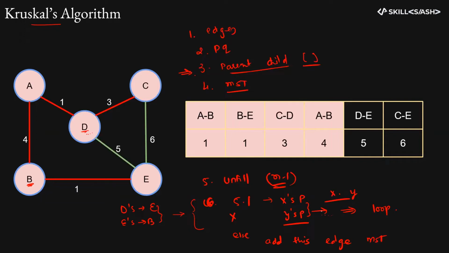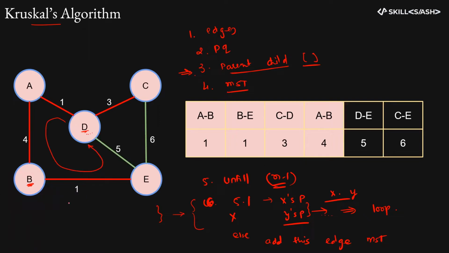So we will add this edge, right? The point is in which way we implement this logic of finding the parent, and it should not give us such a kind of node.